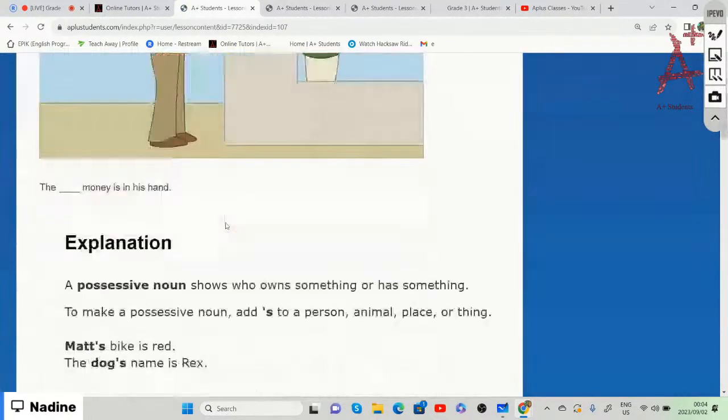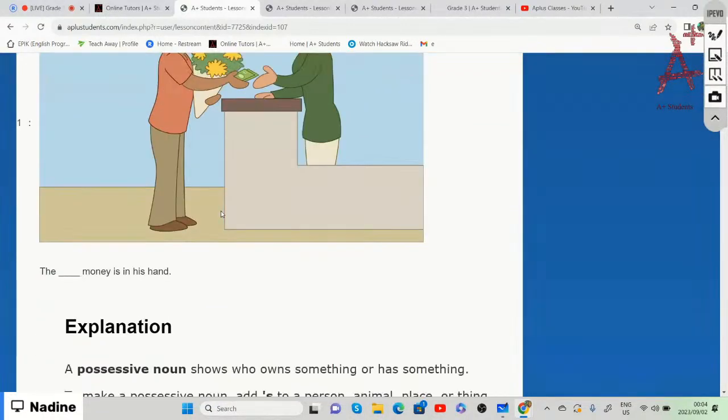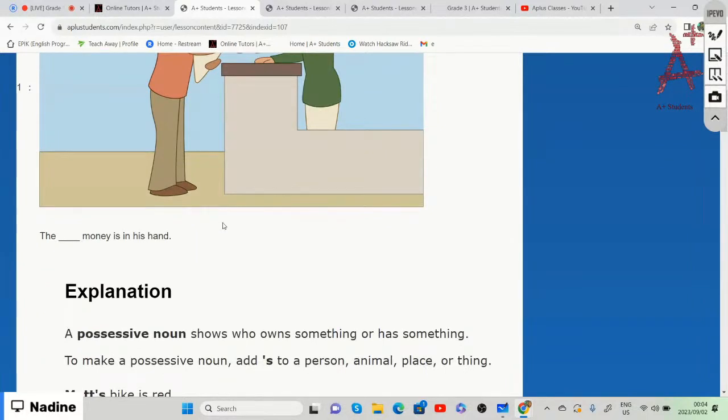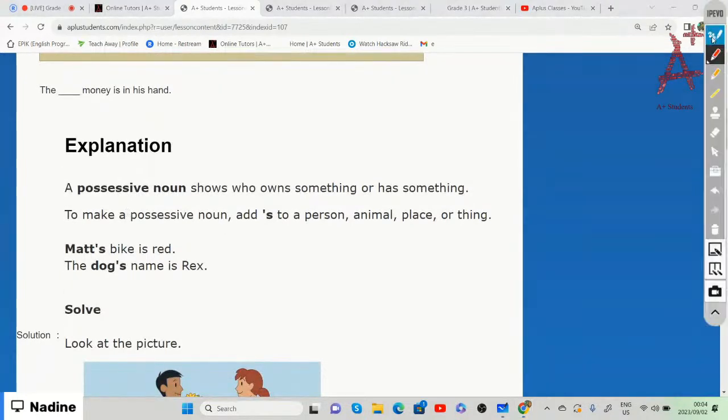So before we go to selecting the possessive nouns that match the pictures, we're going to define what a possessive noun is. A possessive noun shows who owns something, or who has something, meaning it belongs to him, belongs to her, belongs to you, belongs to me, right?